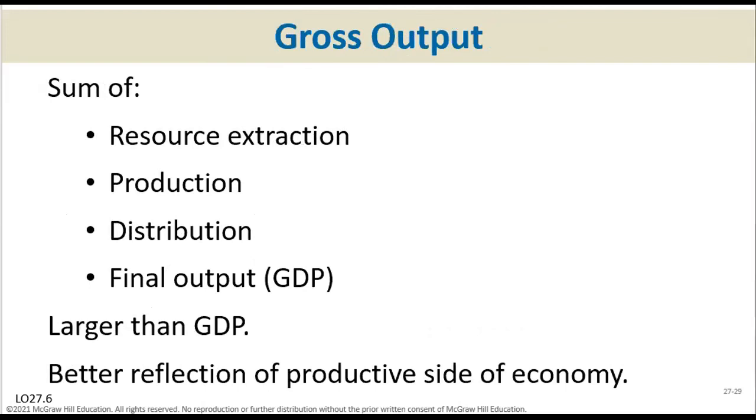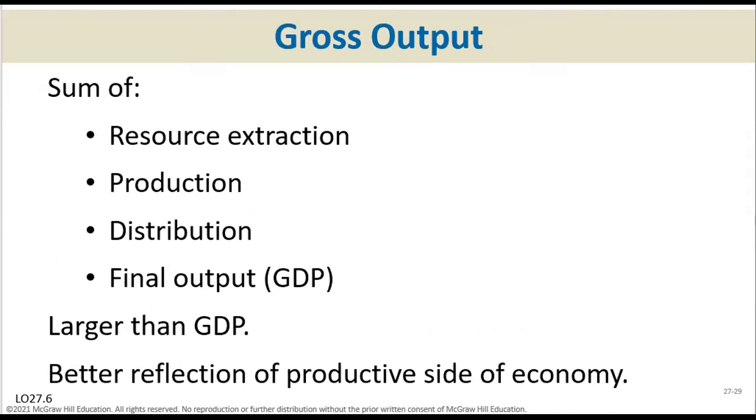Gross output is another statistical measure that economists like to see. This statistic is the sum of the dollar value of all the activity that takes place at each stage into which all economic activity can be grouped.